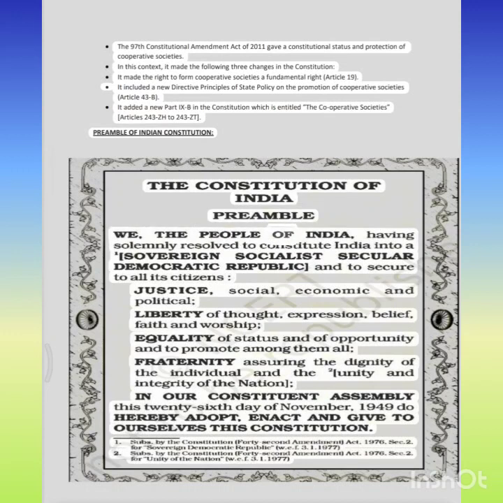We, the people of India, having solemnly resolved to constitute India into a sovereign socialist secular democratic republic, and to secure to all its citizens justice, social, economic and political; liberty of thought, expression, belief, faith and worship; equality of status and of opportunity; and to promote among them all fraternity, assuring the dignity of the individual and the unity and integrity of the nation.